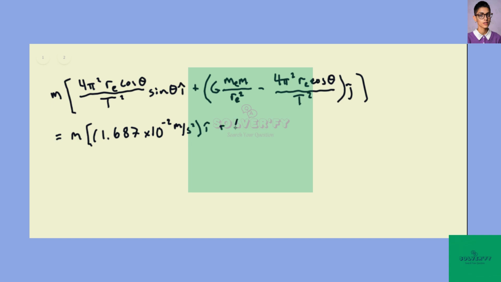Plus 9.783 meters per second squared j hat. This is the part that's vertical. So here is our normal force vector, which recall we said was equal to the mass of the object times our effective gravitational field, the minus sign there.